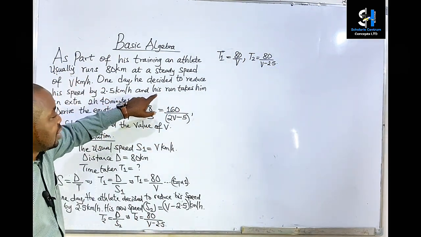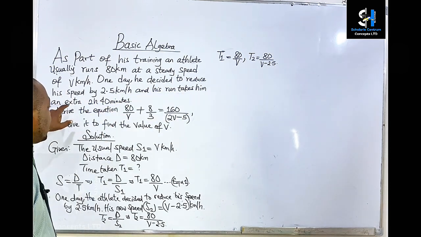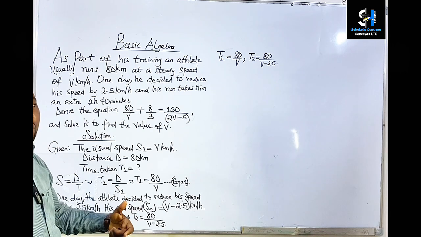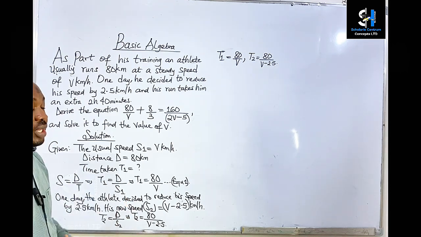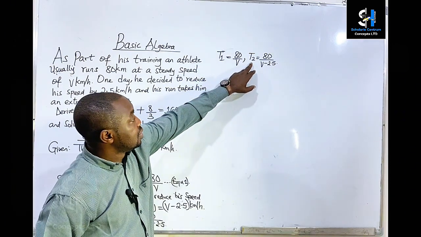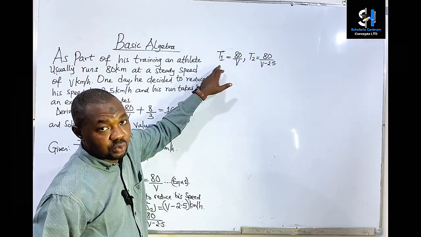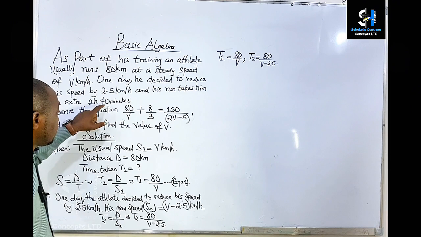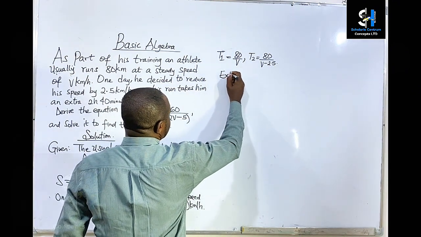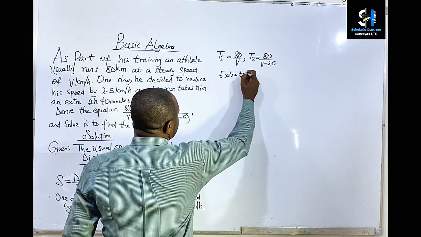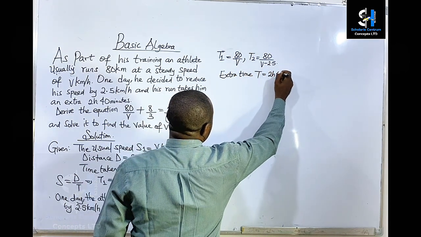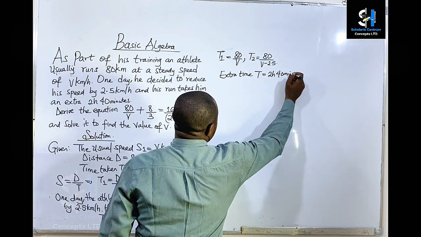Now here we are given that his run takes him an extra 2 hours 40 minutes. So we are given what we call extra time. The extra time is the difference between T2 and T1, and that gives us 2 hours 40 minutes. So let's make the extra time T, and that is 2 hours 40 minutes.